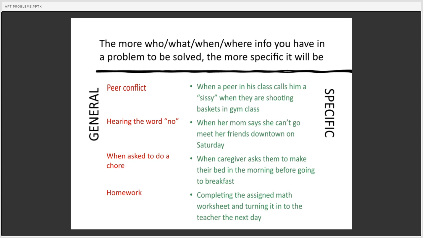And turning it in is also a what. And then the next day is the when. So, turning it into the teacher the next day. So we have a lot of those elements in all 4 of those problems to be solved. And those are really great problems to be solved. I would love to see those on an APT.